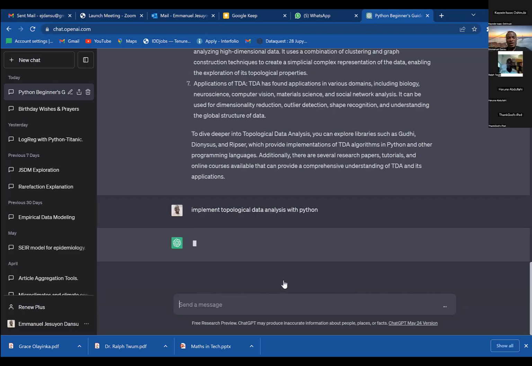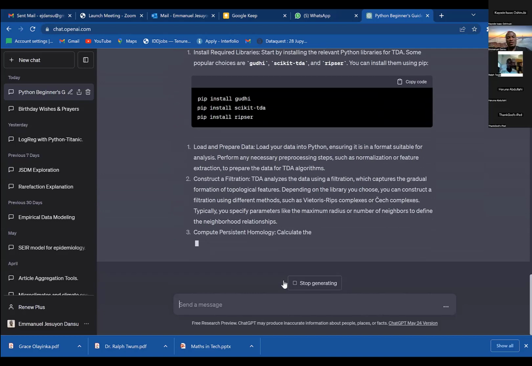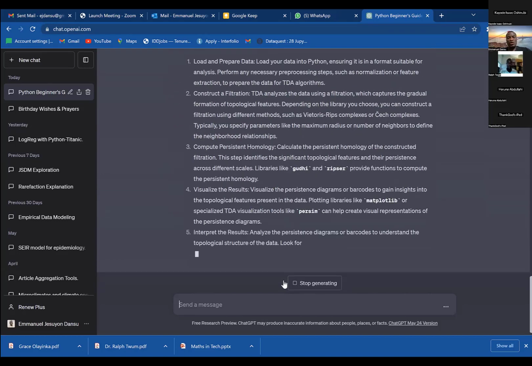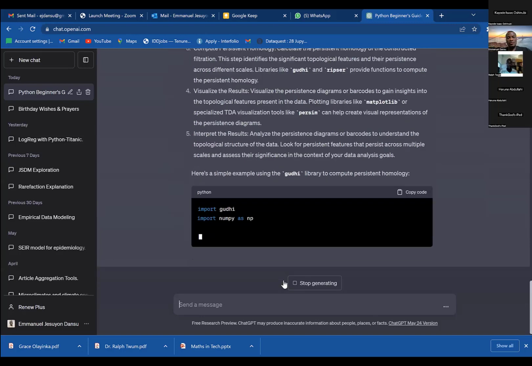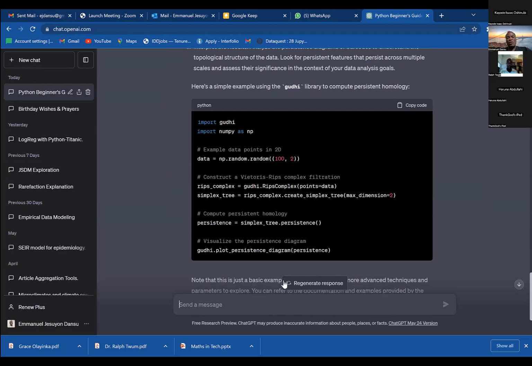It gives you codes. It installs the stuff and gives you the necessary code. Then it starts giving you, probably, an example with a random data set. Once you understand this, if you have a real data set, just import it and you're good to go.